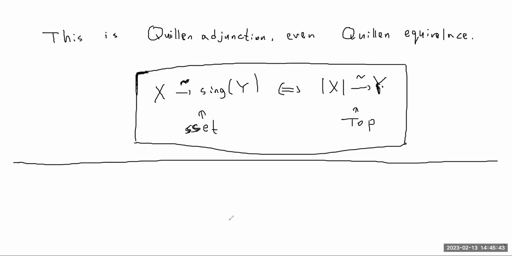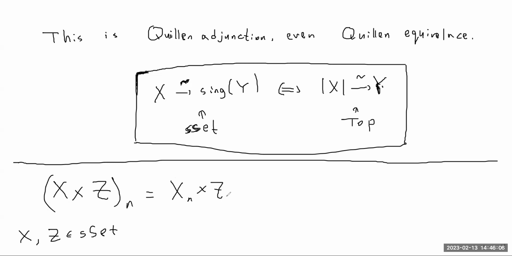This idea of degeneracy makes the product easy, because the product of two simplicial sets X and Y, at stage n, is just X_n times Y_n. I take a product of something from here and something from here.